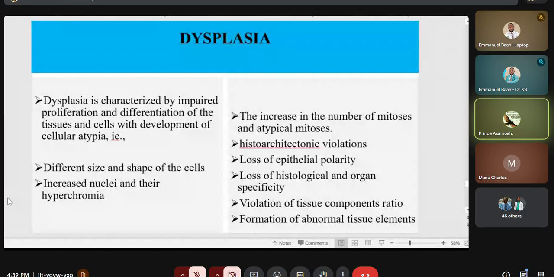So you see, dysplasia can occur even in red blood cells, and so you are having different sizes in red blood cells. They are called anisocytosis.